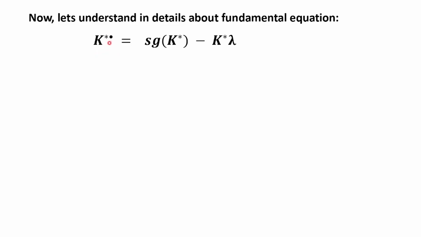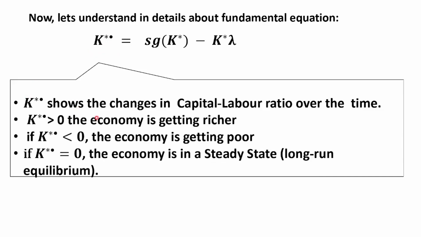So k asterisk dot shows the changes in the capital labor ratio over time. When k asterisk dot is greater than 0, the economy is getting richer. This means that on our right side, when these two components are subtracted, if k asterisk dot is greater than 0, then the economy is getting richer and richer.